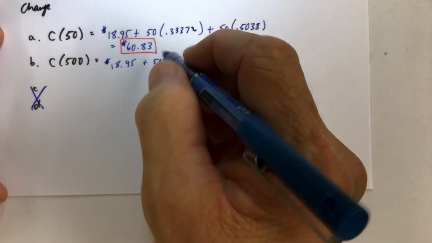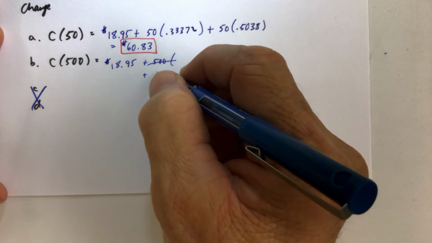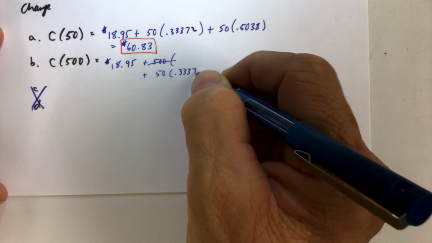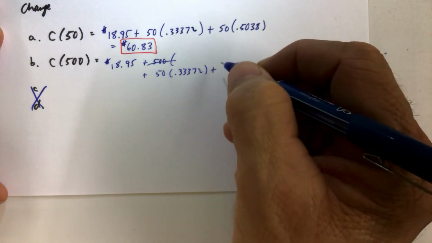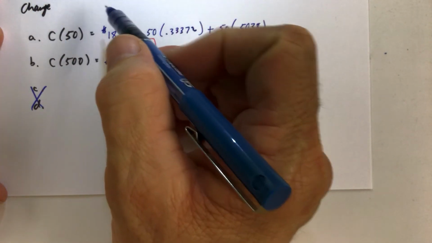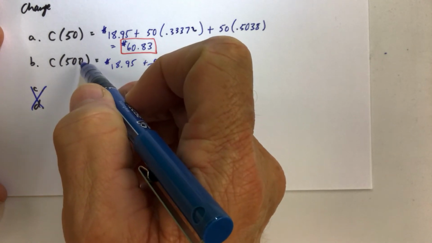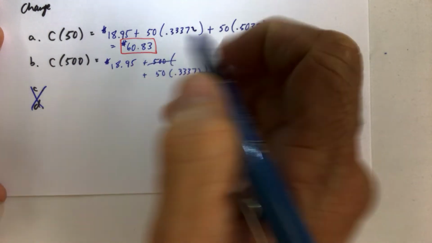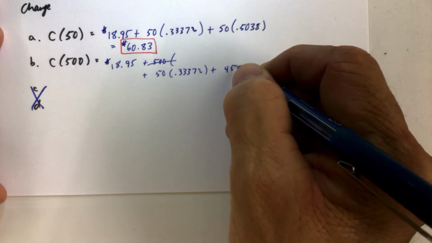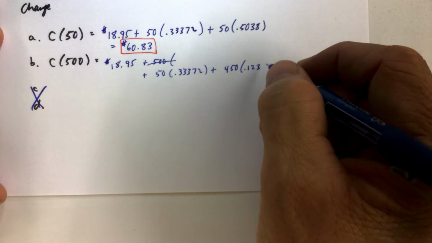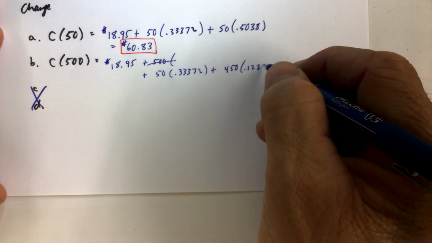Okay, so we have to scratch that. So we're going to add 50 therms at that little over 33 cents per therm, plus anything more than 50. So 500 is 450 more than 50, right? So for the extra 450 therms, we're going to be paying only a little over 12 cents per therm.